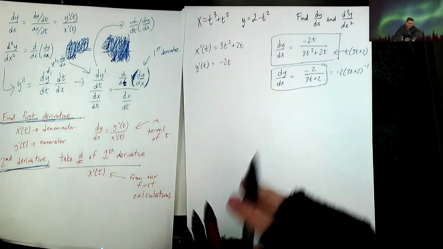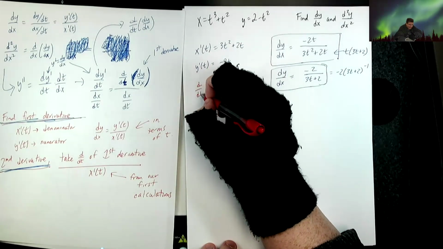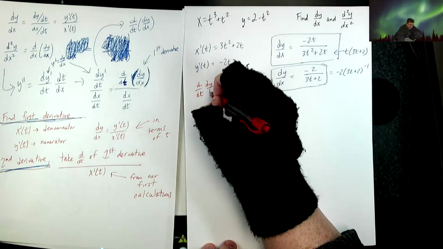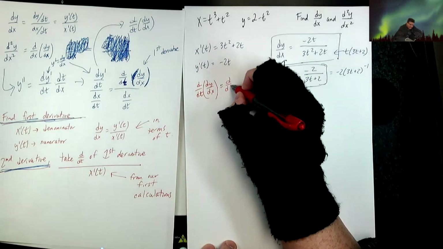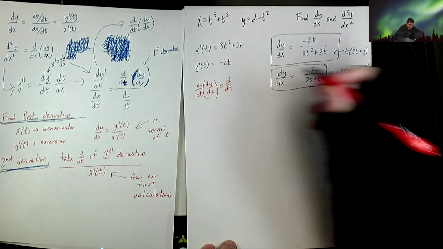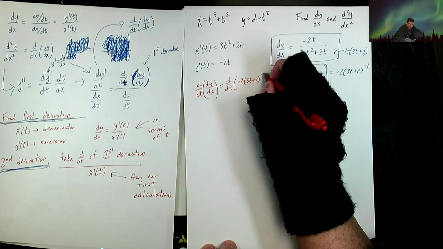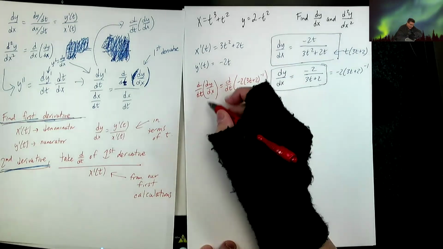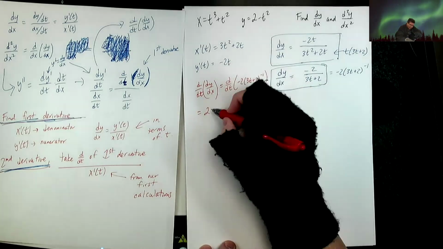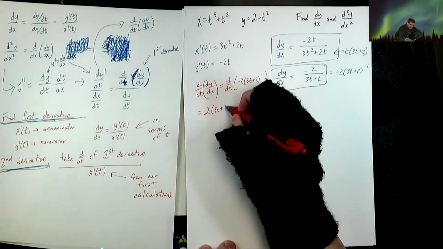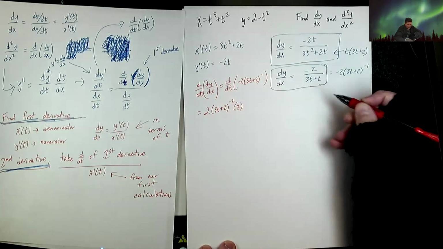So when we do the time derivative of that, I bring the power down, it makes it +2, lower the power by 1, and then take the derivative of the inside.